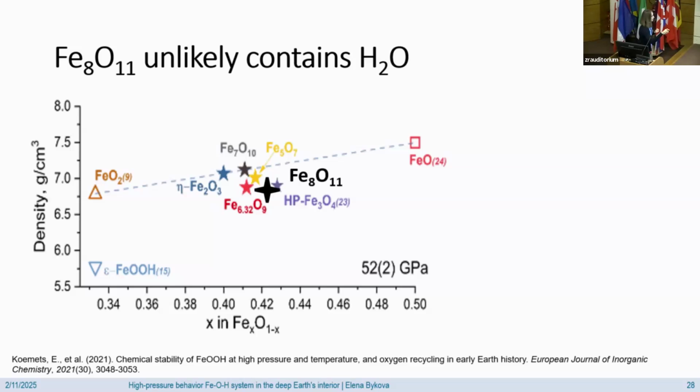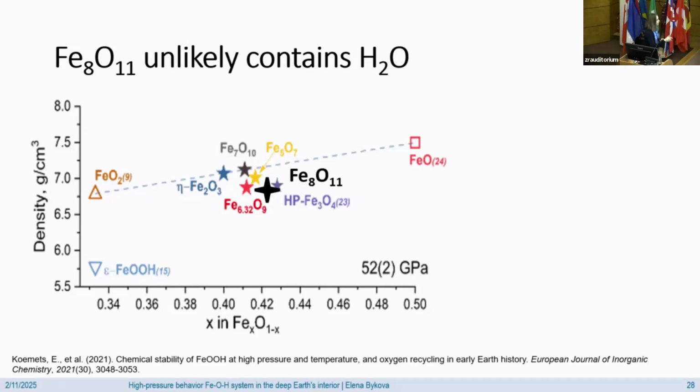And if we plot the densities of the other iron oxides at the same pressure, in principle, they will follow more or less this trend. If something has hydrogens, typically it results in a way less dense material. If we do the same plot for epsilon FeOH, we see a big change, a way smaller density here.